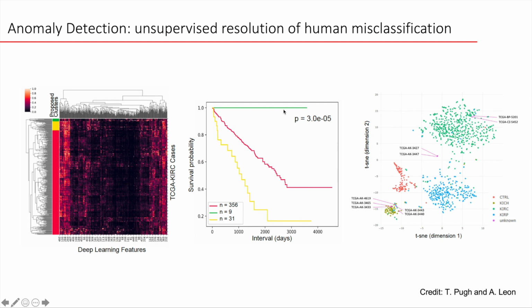We took these 9 outlier cases that had a superior prognosis and tried to see where their mRNA profiles were most similar to. What you see is that in fact 5 of the 9 cases were found in this chromophobe group, whereas 2 of them correlated with the mRNA profile of your typical clear cell carcinoma.